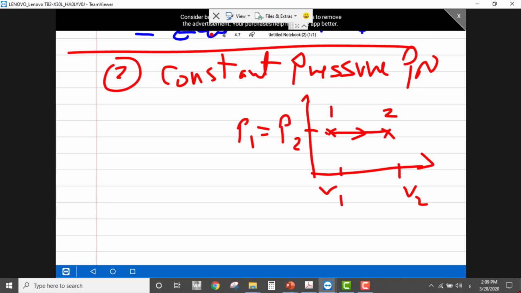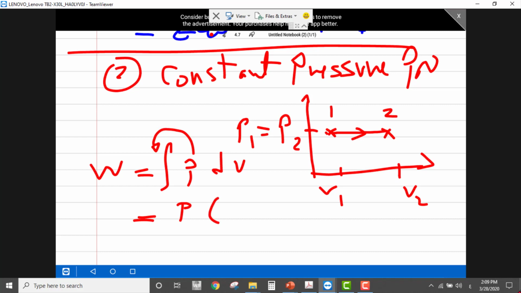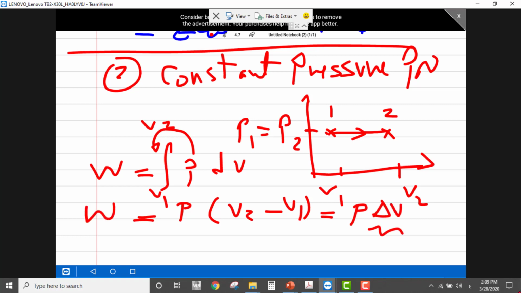This is state 2. So if we apply the definition, work is equal to the integral of P dV. P is constant, so it goes outside the integration, then this is P delta V, because we integrate from V1 to V2. So V2 minus V1, and we can say that this is P delta V, because this is a point function. And here work, either work or work from 1 to 2, because this is a path function.